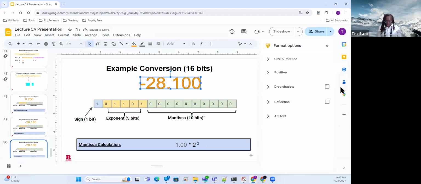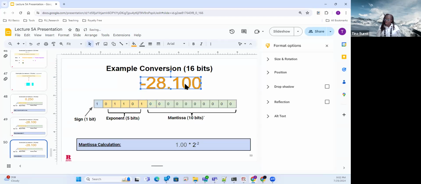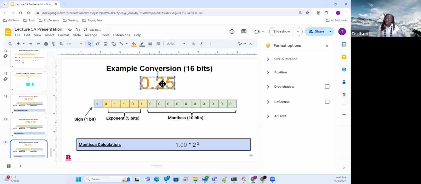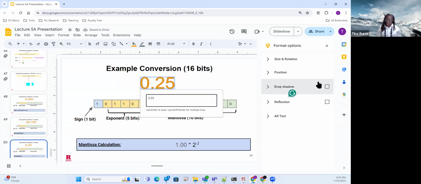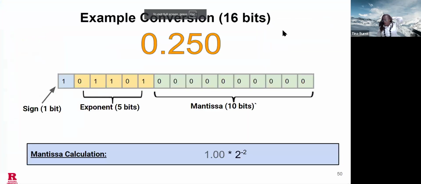Sorry, I carried that over from another slide. And this, when we look at it, is what gives us our number, 1.00 times 2 to the -2. So our mantissa happens to be all zeros for this.